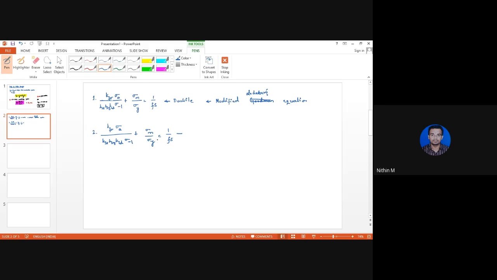This is used for brittle materials, and this is called the modified Goodman equation.